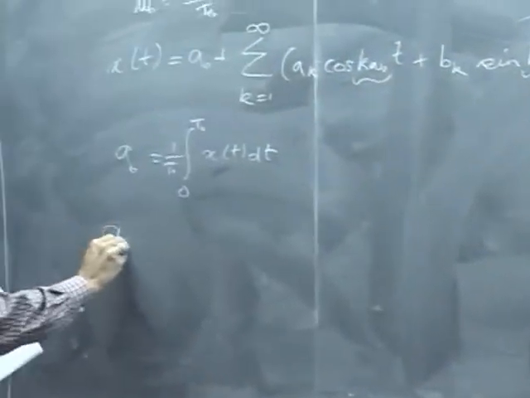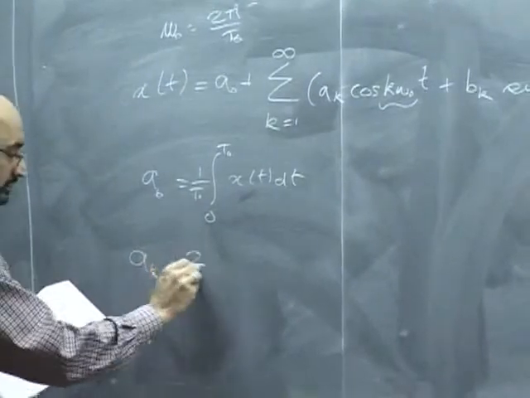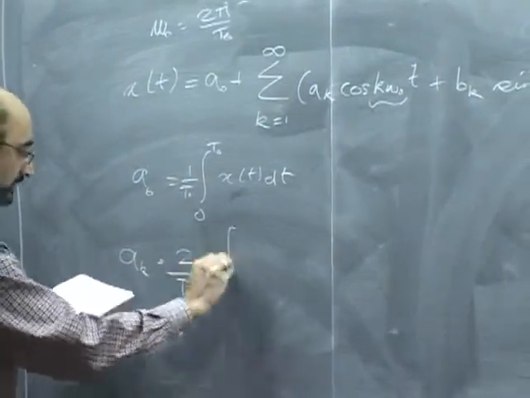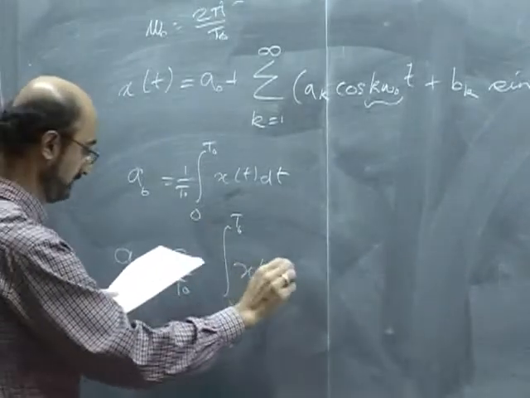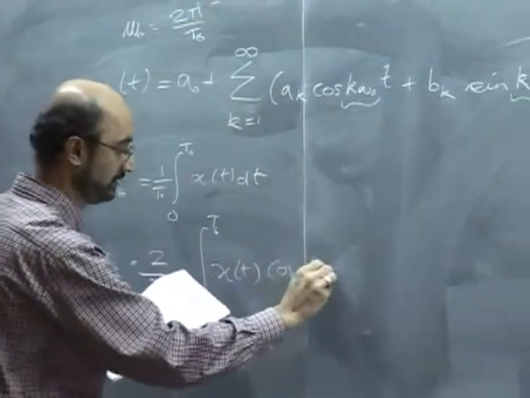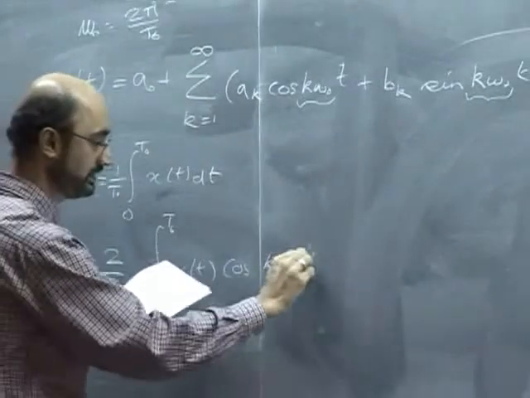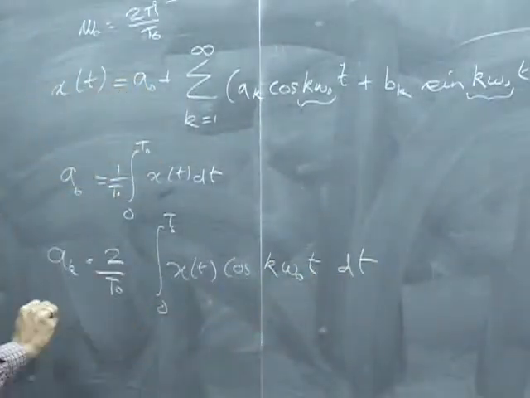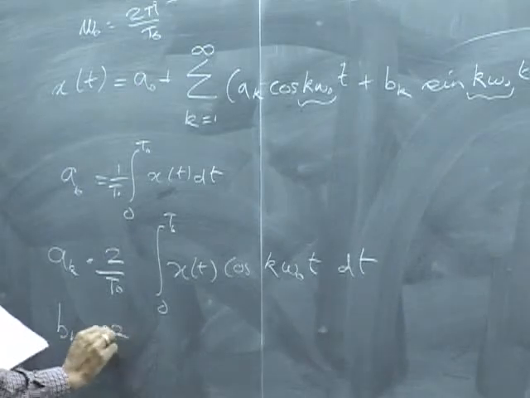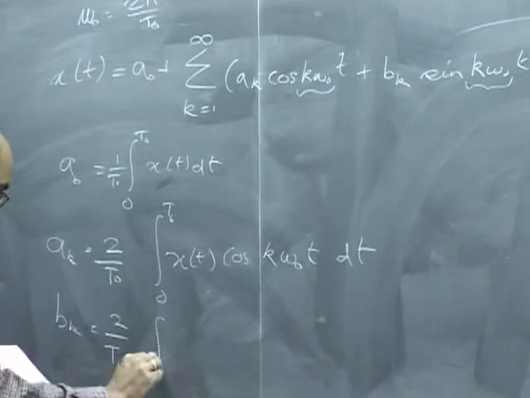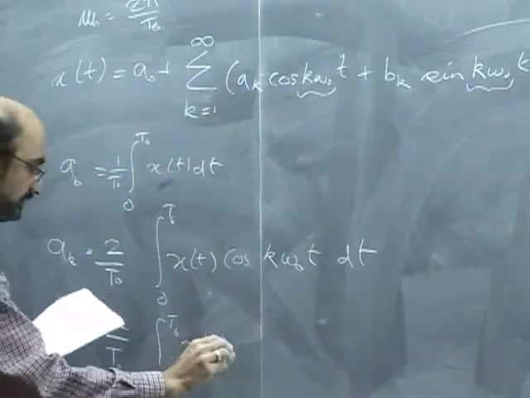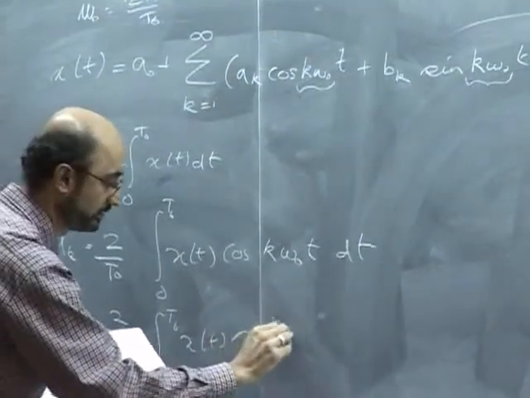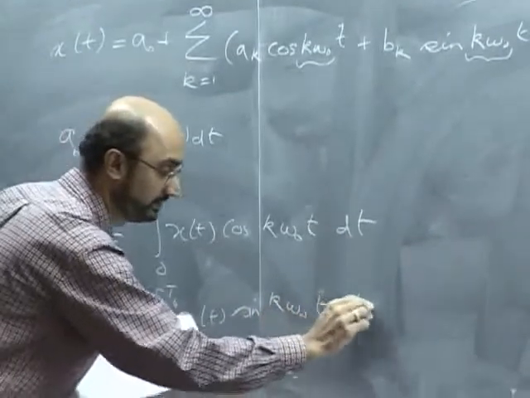And then ak is given by 2 over T naught, integral 0 to T naught, x(t) cos(k omega naught t) dt, and bk is given by 2 over T naught, integral 0 to T naught, x(t) sin(k omega naught t) dt.